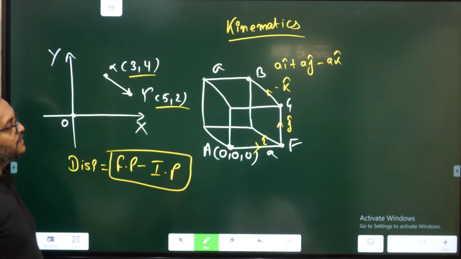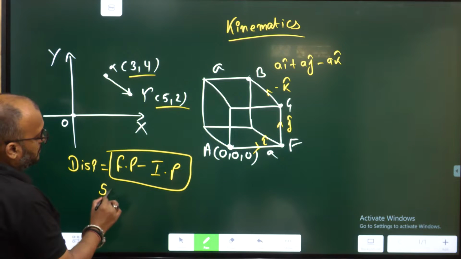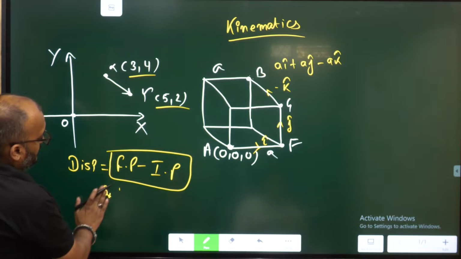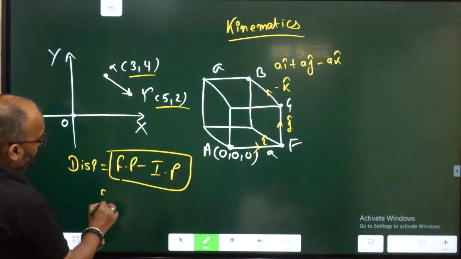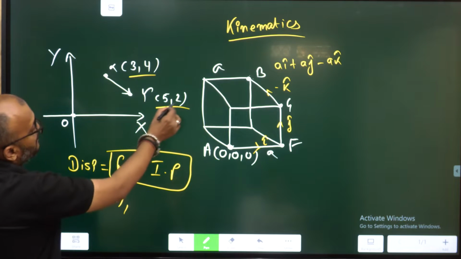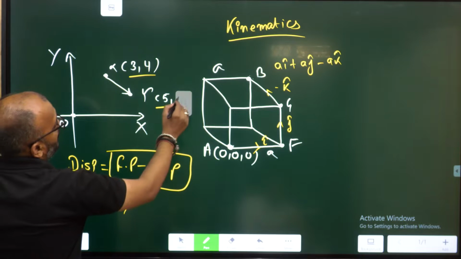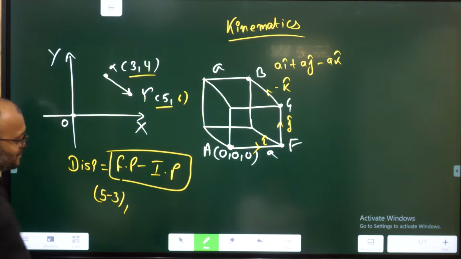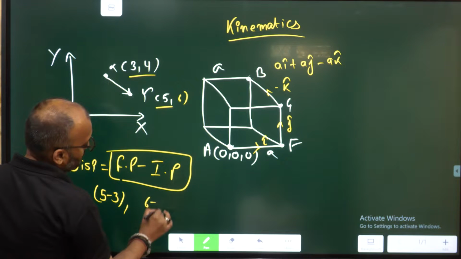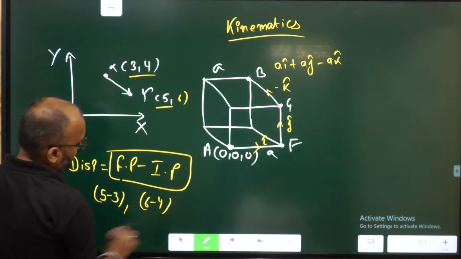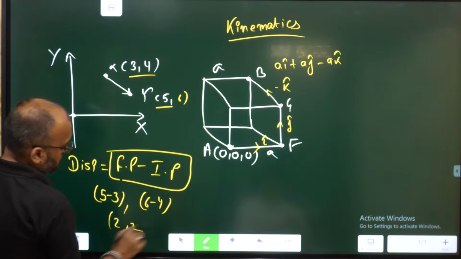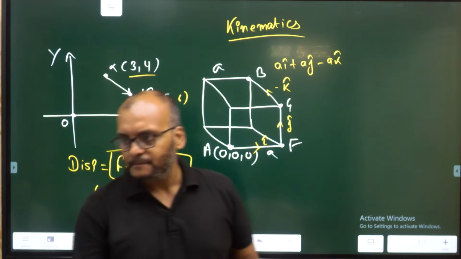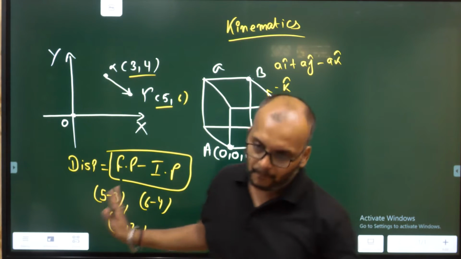So 5 minus 3, and this will be, oh, I have to take some other value. Let me take it 6. It can't be negative because I am making it in positive. So 6 minus 4. So now your coordinates will be 2, 2. Distance and section formula, class 9th and 10th mathematics. ऐसे निकालते थे ना वहाँ पे.